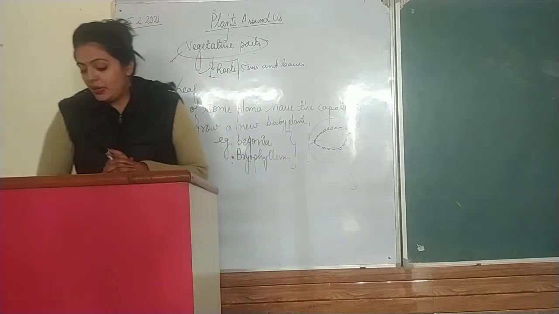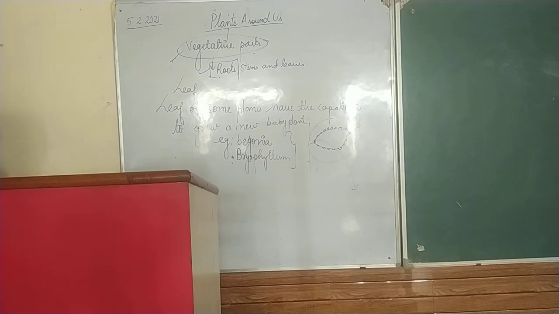Okay, so just look at it. Just write it down and learn the various examples which come under the category of vegetative parts reproduction in the case of roots, stems and leaves.